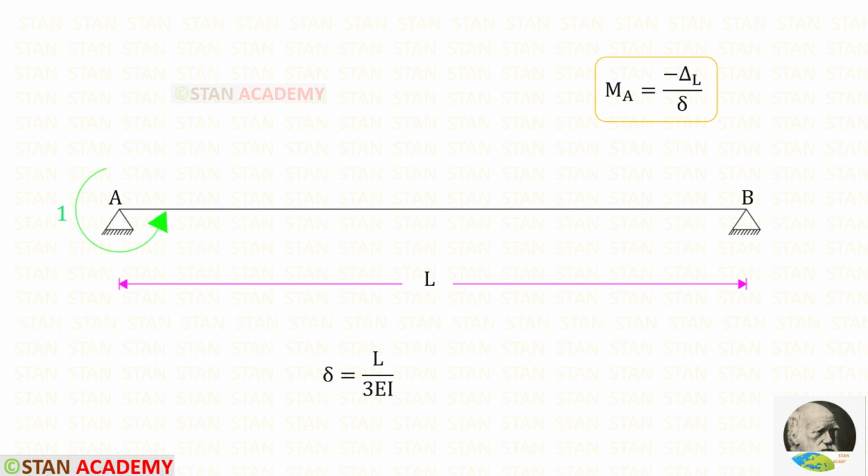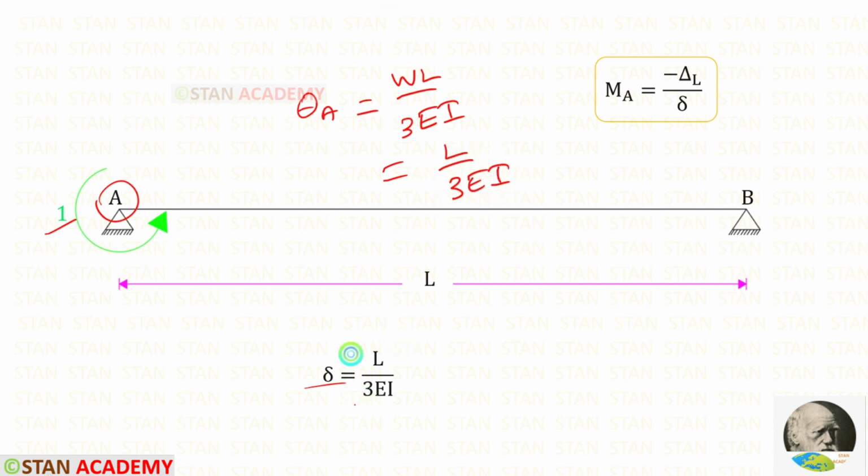Now let us find delta, that is the slope at point A due to the unit movement. If in the simply supported beam there is a moment at point A, the formula to find theta A is WL upon 3 EI. Here W is 1, so it will be L upon 3 EI.